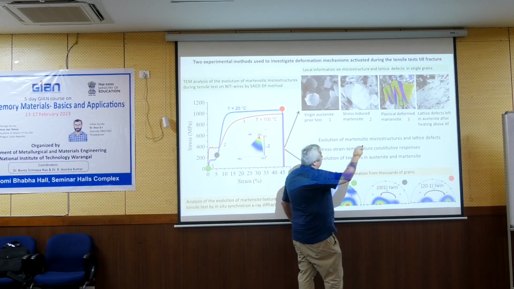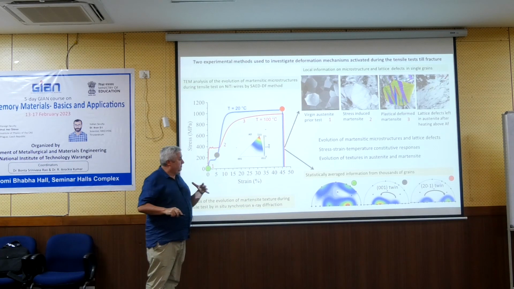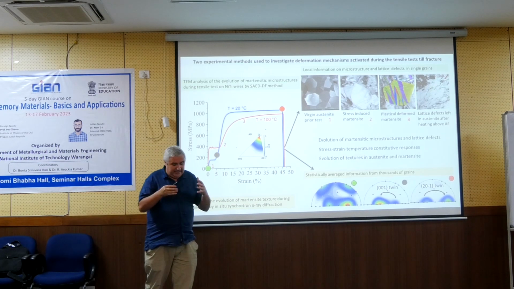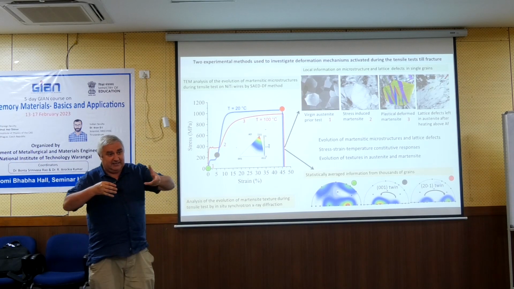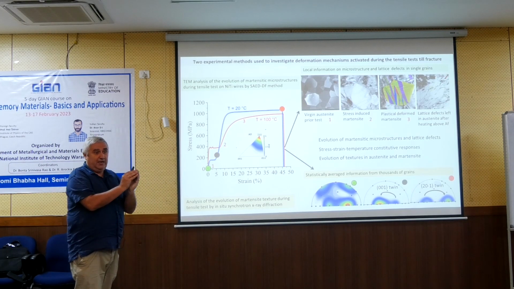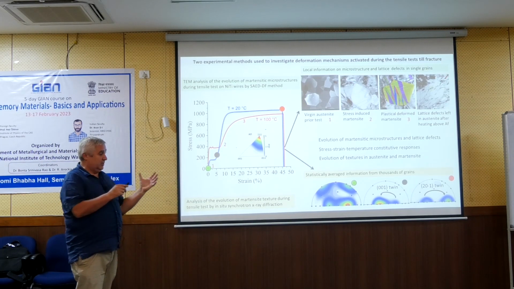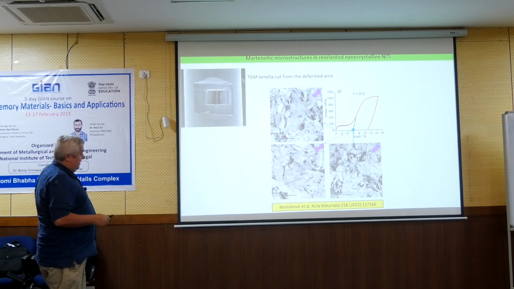But as well, I see the bands in the austenite afterwards. So this is the experimental evidence that the lattice of martensite is rotated during the plastic deformation. So now I have both. I have local information from TEM and this macroscopic information from this, which evidences what happened.